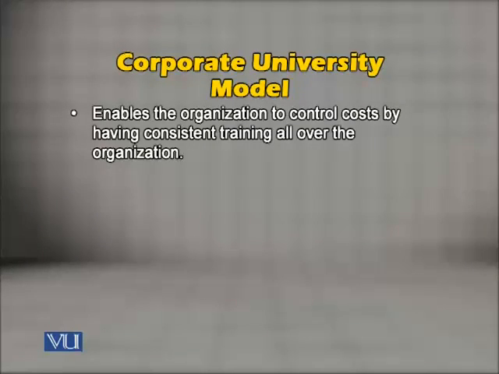So in a corporate university model, learning is taken to the forefront of the strategic process. There are many examples of corporate universities in this world. For example, Toyota has the University of Toyota, in which learning and development of the employees takes place.